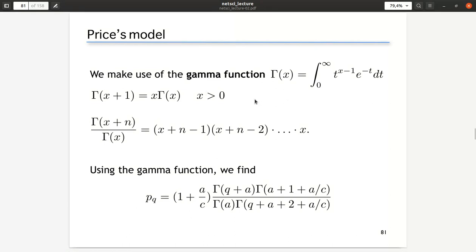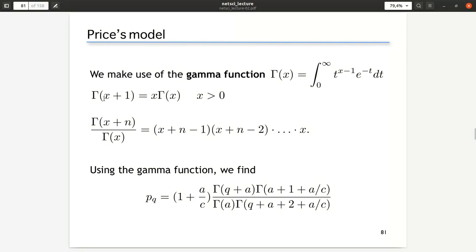So we can use the gamma function, which is defined by this strange integral here, and you might know the gamma function because it's the continuous version of the factorial function.